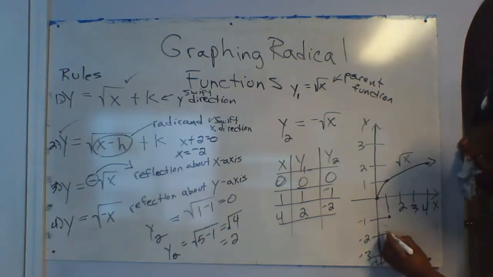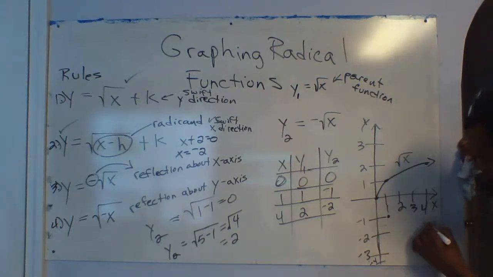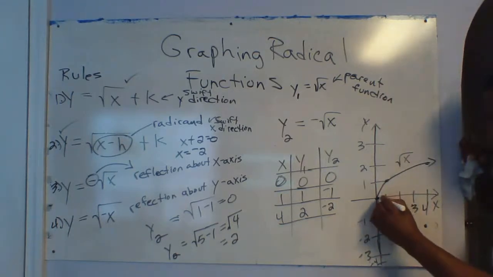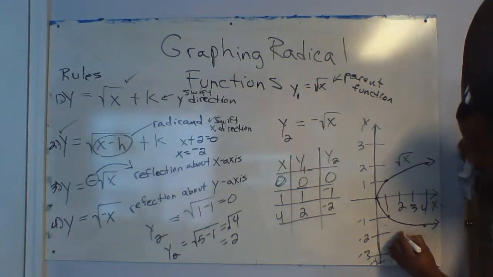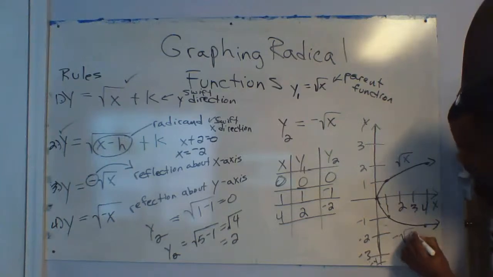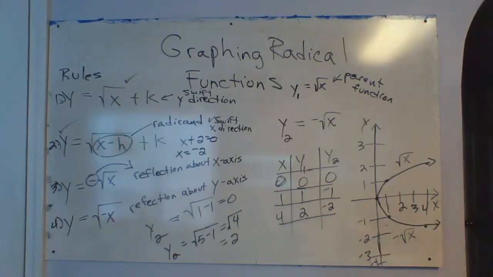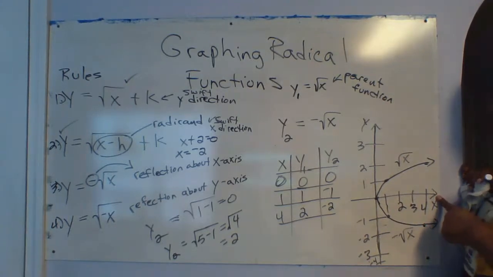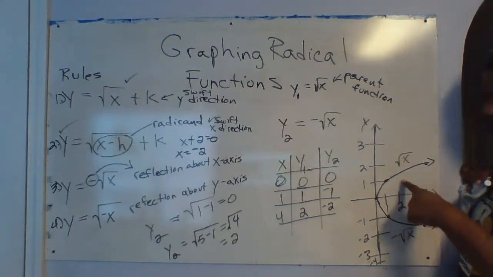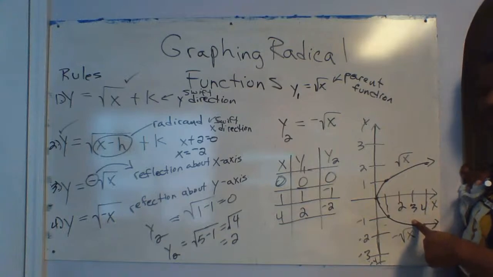My bad. And then it should look like this. That's the negative square root of x. If you notice, they're mirror images of each other, and the mirror is the x-axis. This is my parent function. I'm looking in the mirror, and this is my reflection.